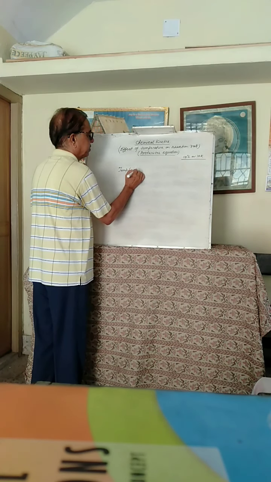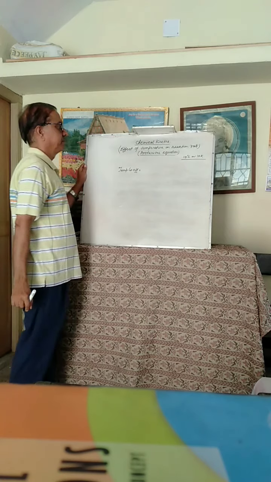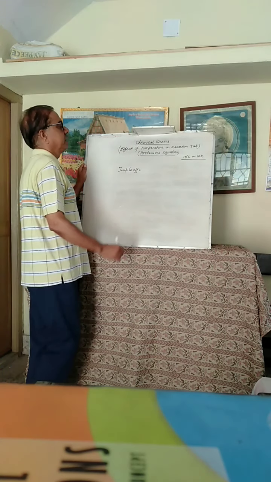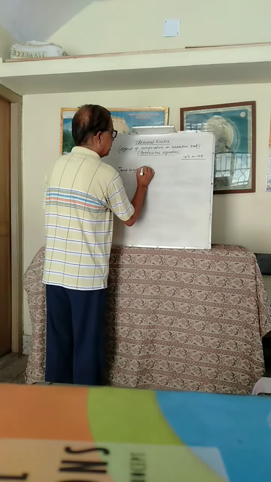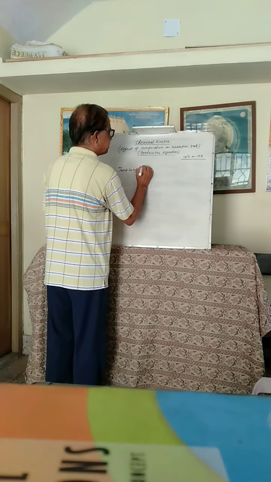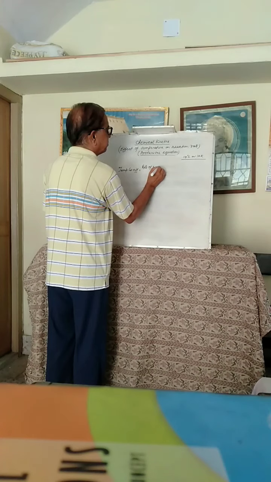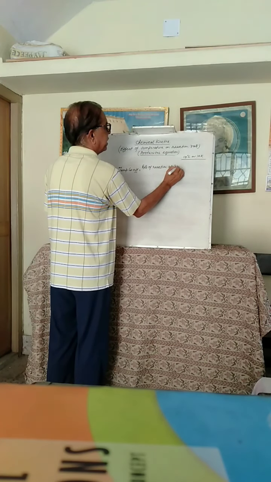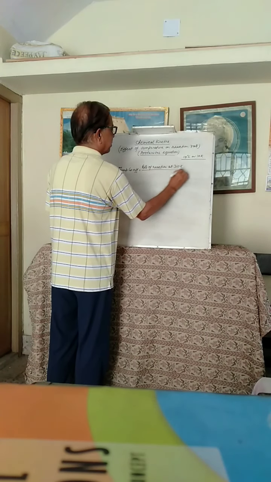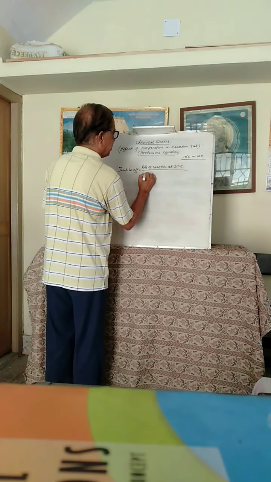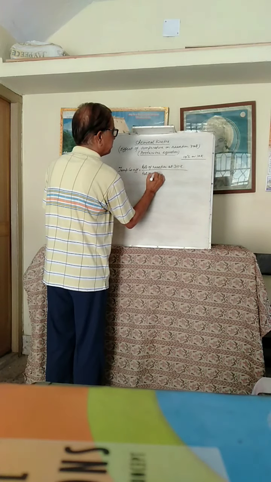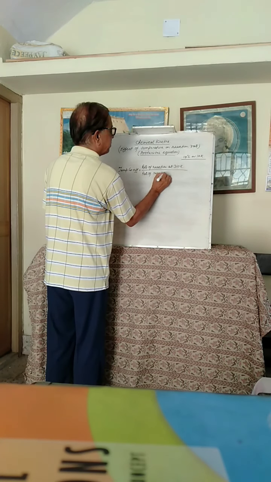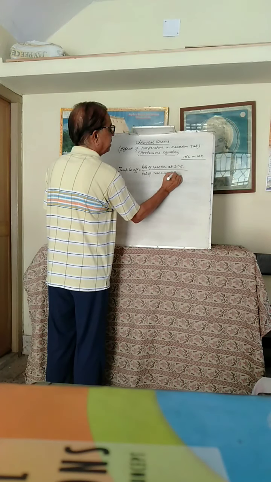What is temperature coefficient? Temperature coefficient is the ratio of the rate of reaction at 310 Kelvin and the rate of reaction at 300 Kelvin.